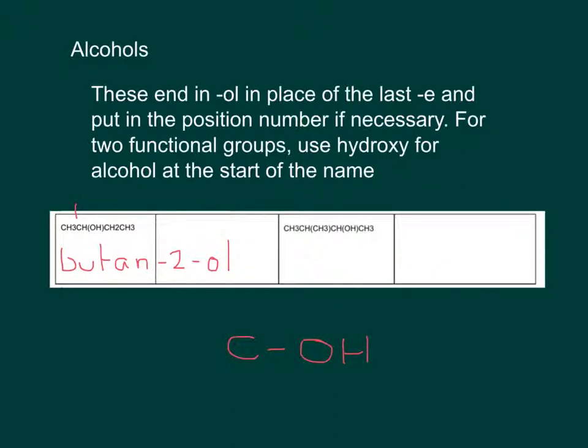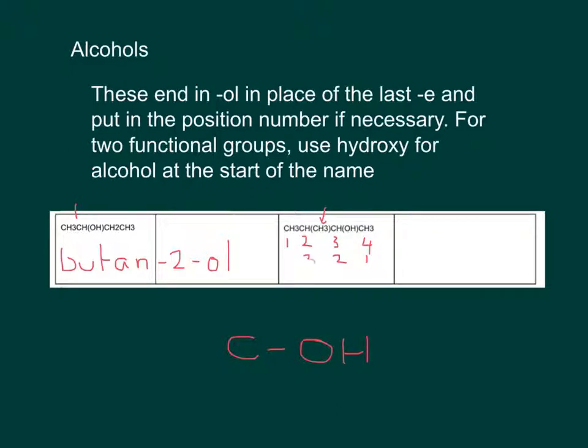For this next one, let's have a go. So I have got 1, 2. Remember, this is a branch coming off there. So that's 3 and that's 4. So again, it is a butanol of some sort. If I take the position of the alcohol group and use the lowest number possible, I'm going to start from the other end.